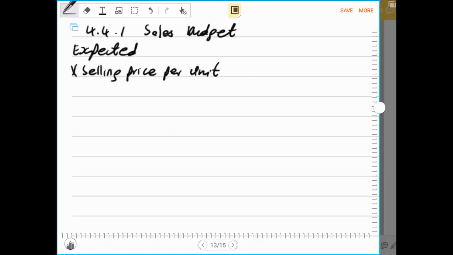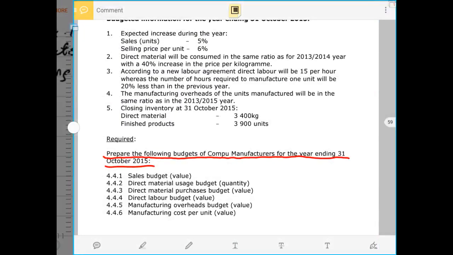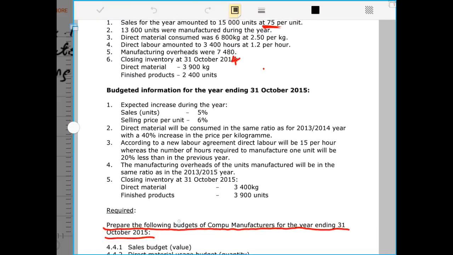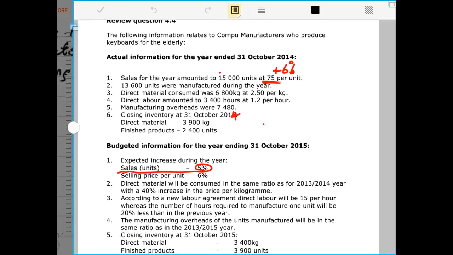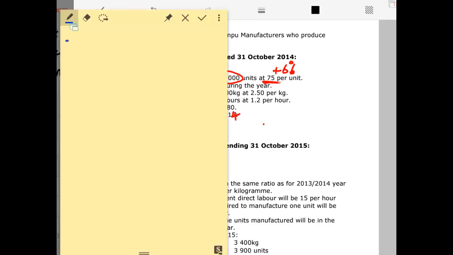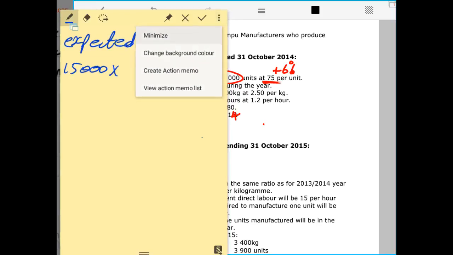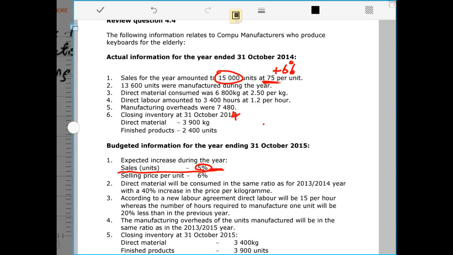And we know that our expected sales is the previous sales plus a 5% increment, because we expect in 2015 that our sales will increase by 5% from the previous sales that we made last year, which amounted to 15,000. So when we calculate our expected sales, we take the sales from the year 2014, because our sales are expected to increase by 5%.